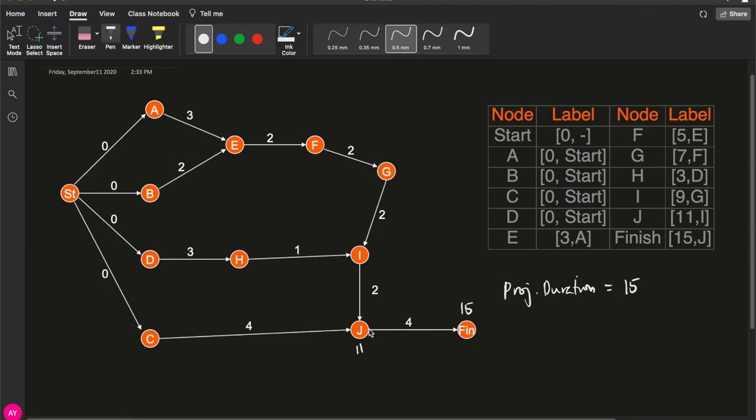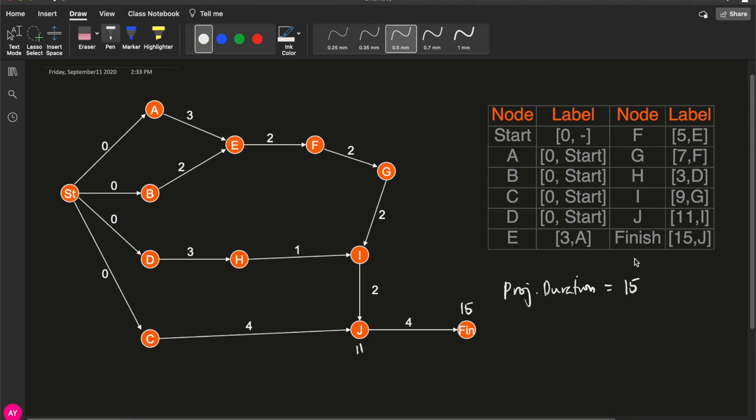And therefore, the earliest time you can start activity J, and remember, doing activity J is not entering J. Doing activity J is the act of going out. So when you are entering J, you are not yet doing J. You're about to start or do activity J only. And therefore, the earliest time you can do activity J is 11.